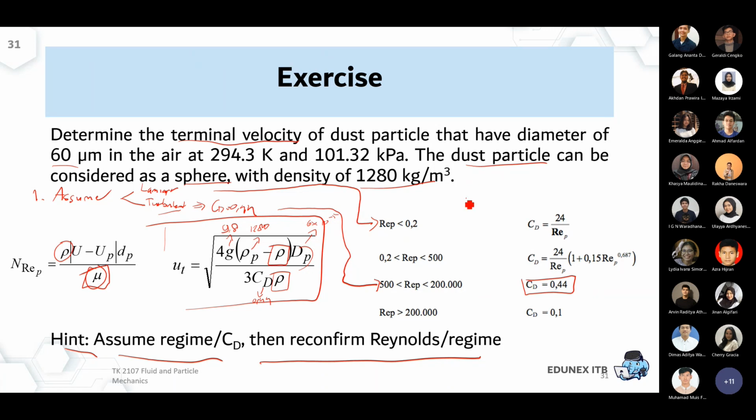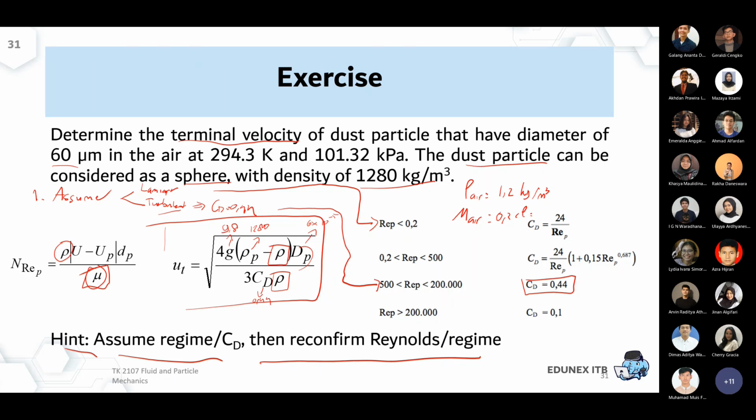Okay, so the density of the air can be assumed as 1.2 kilogram per cubic meter, and the viscosity of the air can be assumed as 0.2 centipoise.